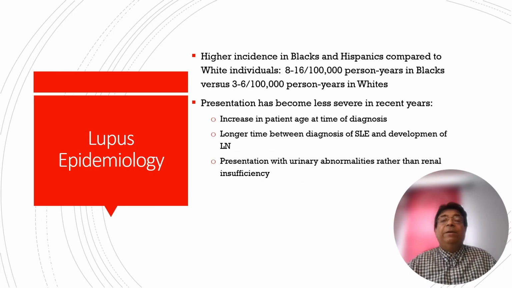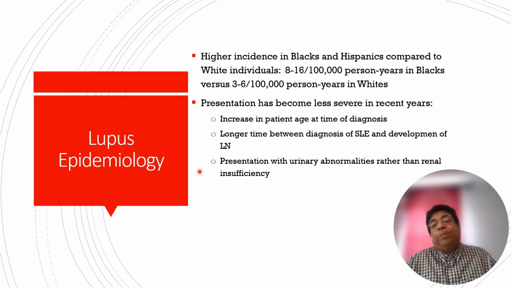There's a higher incidence in Blacks and Hispanics compared to European individuals, and the presentation has become less severe in recent years. There's an increase in patient age at time of diagnosis, longer time between diagnosis of lupus and development of lupus nephritis, and the presentation is with urinary abnormalities rather than renal insufficiency.